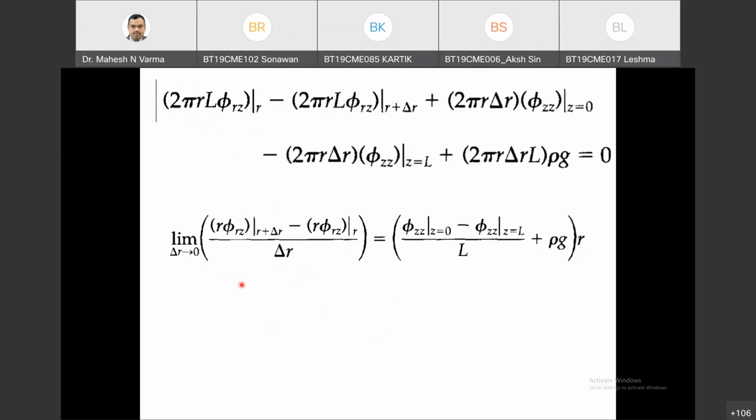So you will be getting this equation. Just check what rearrangements were made to get this equation. Roll number 31. Yes, sir.